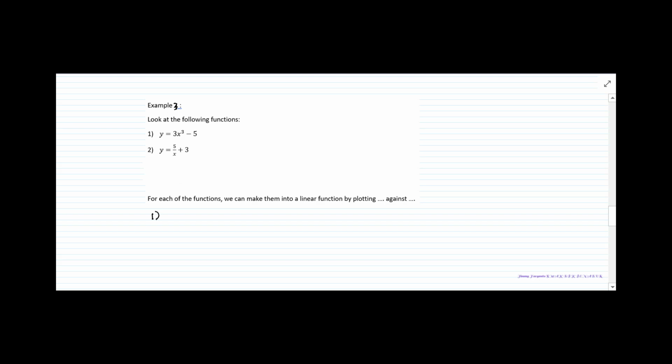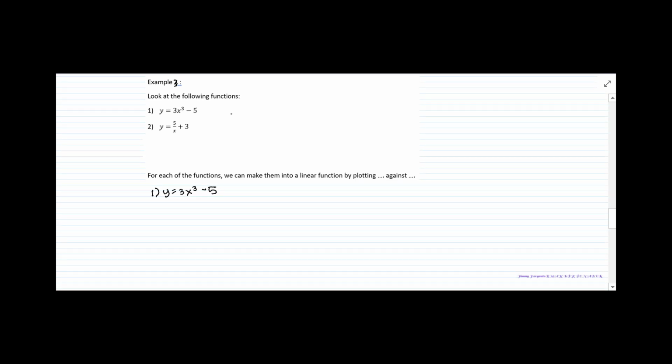We know that for number 1, y equals 3x cubed minus 5. This is a cubic function, so the graph will be a curve. But you can make it into a straight line by plotting. How to do that?